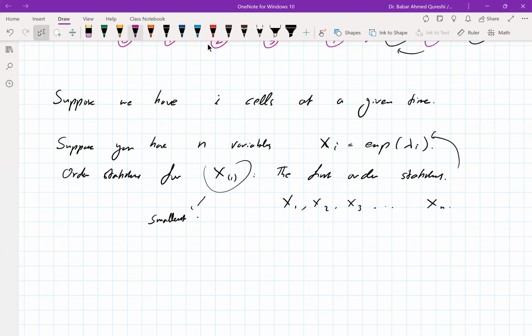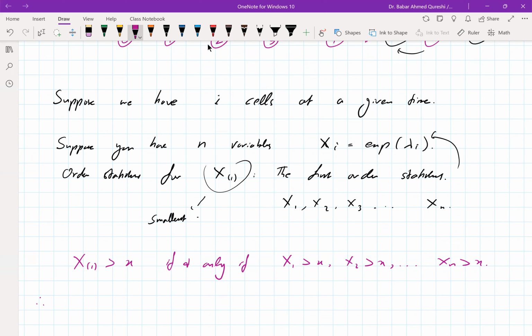I can build up the distribution by noting that the smallest is going to be greater than x if and only if x1 is greater than x, x2 is greater than x, all of them are greater than x.